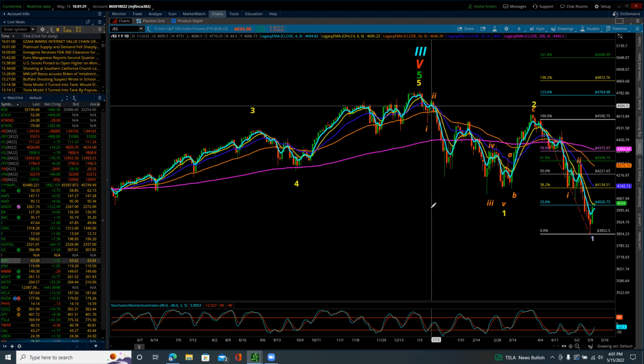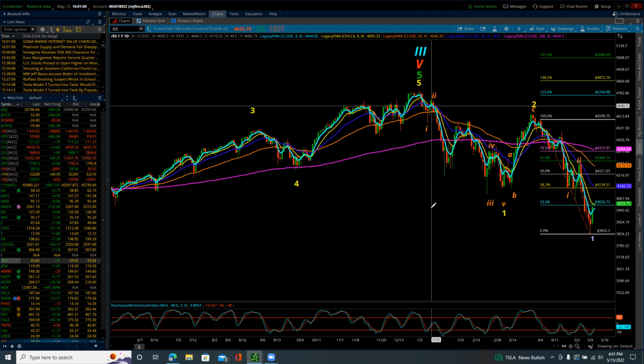To begin, on this larger scale, on the daily chart for the S&P, we continue to form an intermediate third wave down. Inside that intermediate third wave, there will be 5 waves of minor degree. That's what needs to form in order to complete the intermediate third wave.